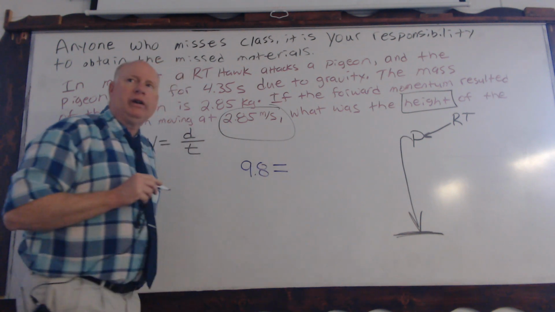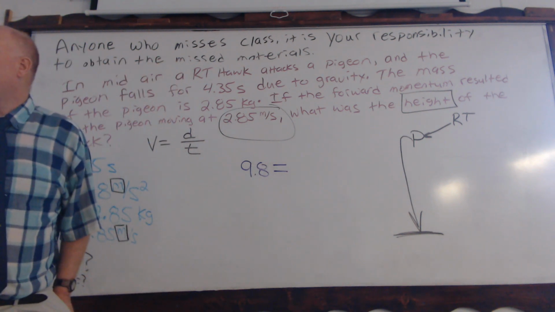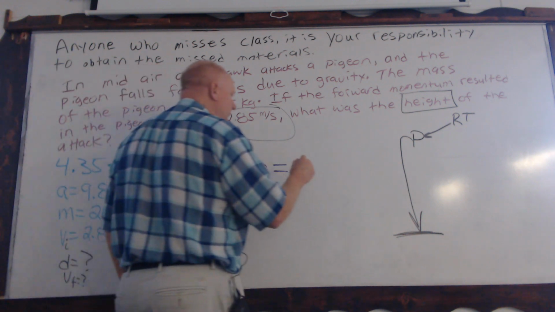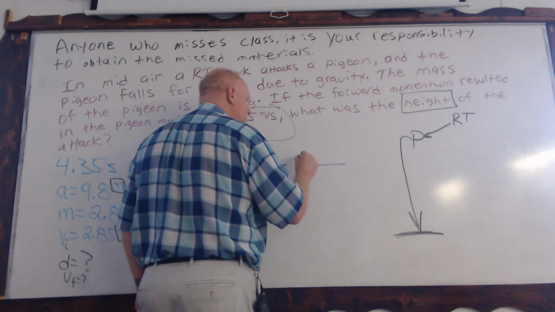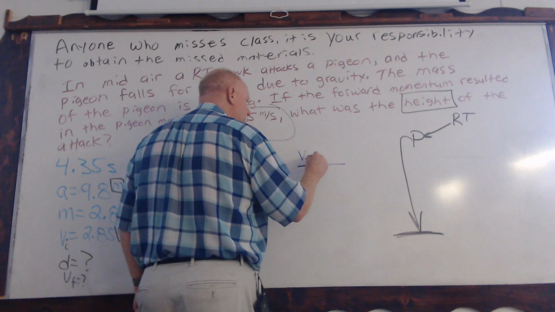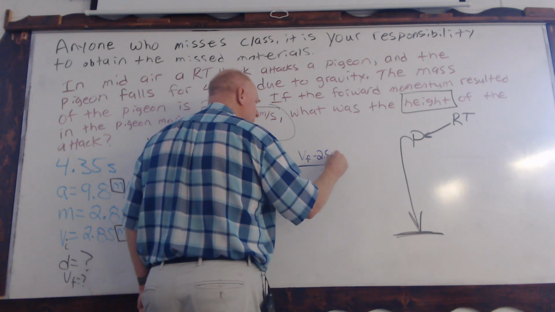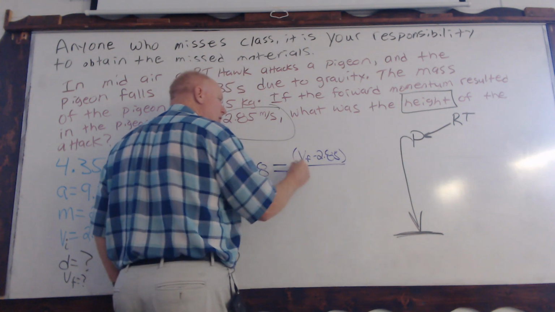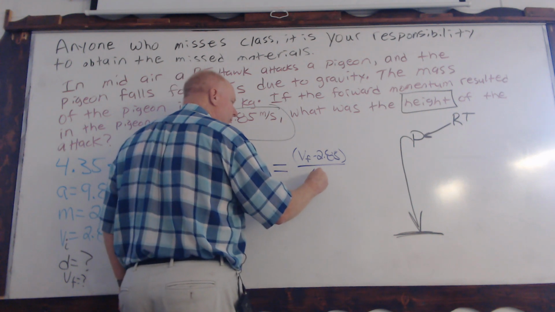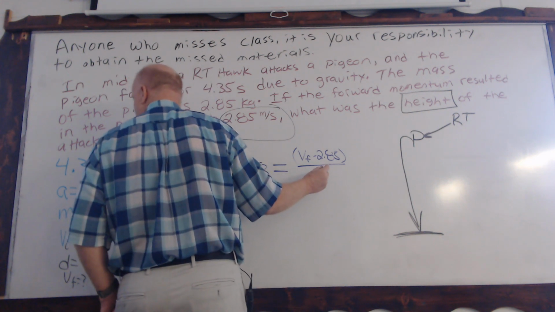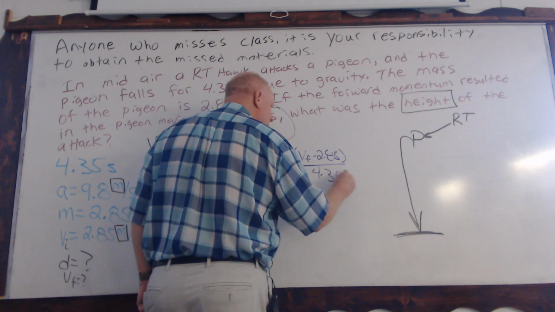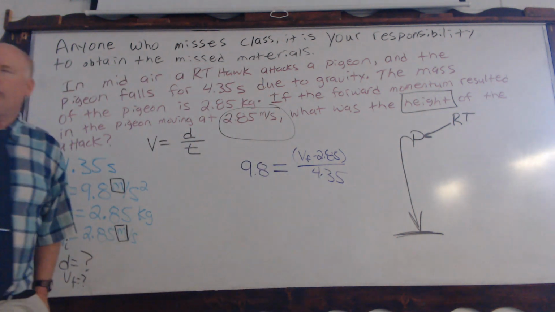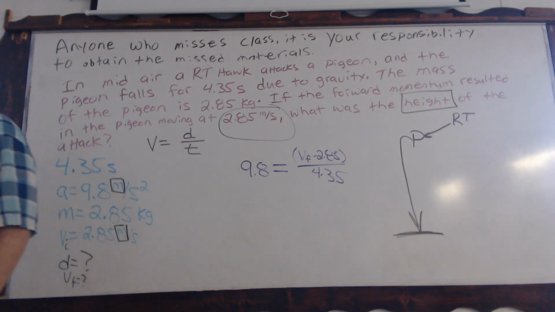Okay. What goes on the right side? Okay, and then what goes on the bottom? 4.35. Okay, we've got a fraction on the right side.